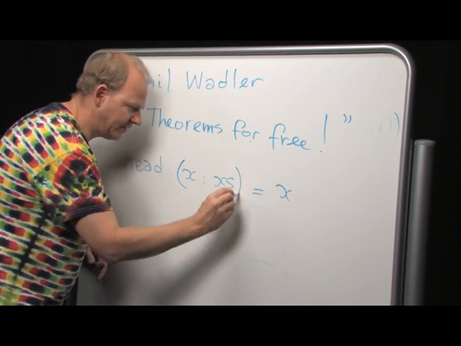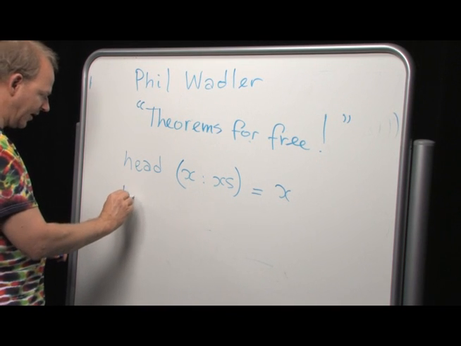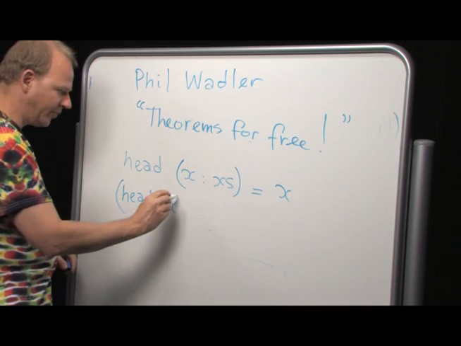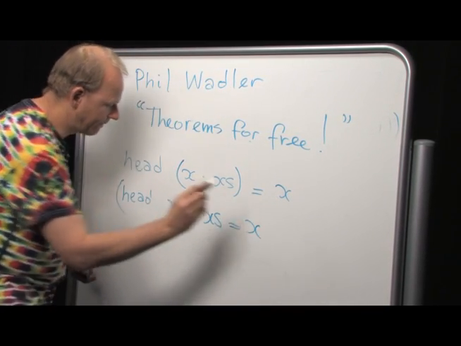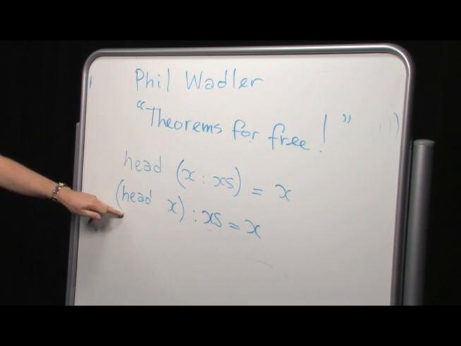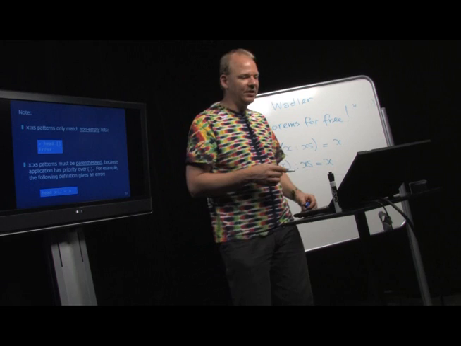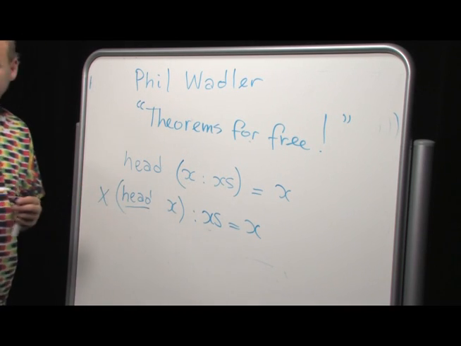So if you don't put the parens, it reads like this: application binds stronger. And while you can define a definition like this, the left-hand side is not a pattern, so it's an error. You have to put the parens there.